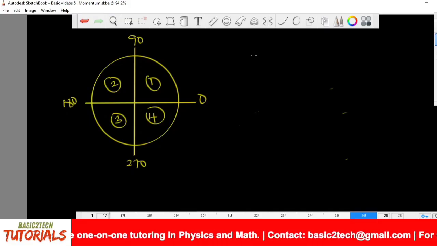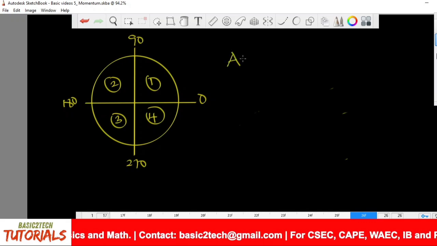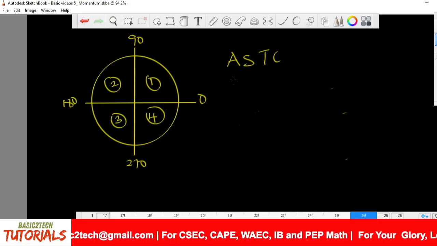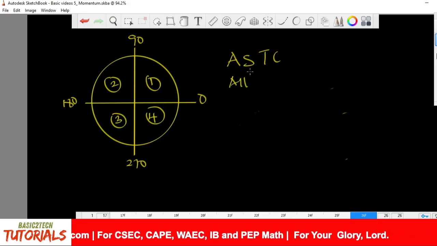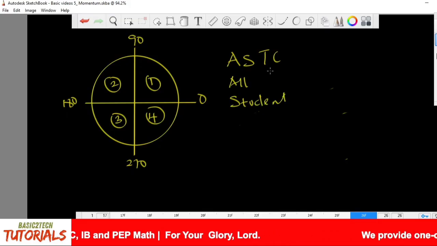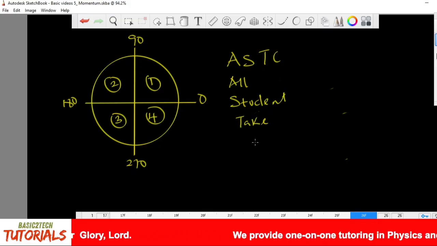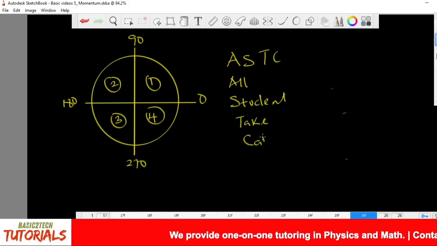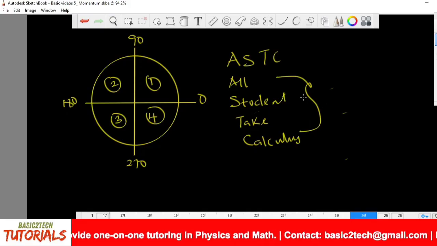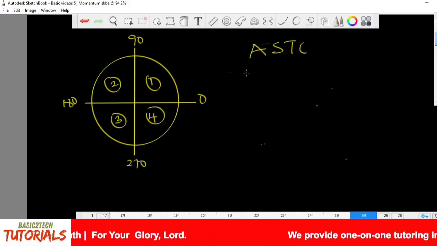The rule we use to remember the signs is ASTC, where A stands for all, S stands for student, T stands for take, and C stands for calculus. This is the short form to remember this abbreviation, ASTC.